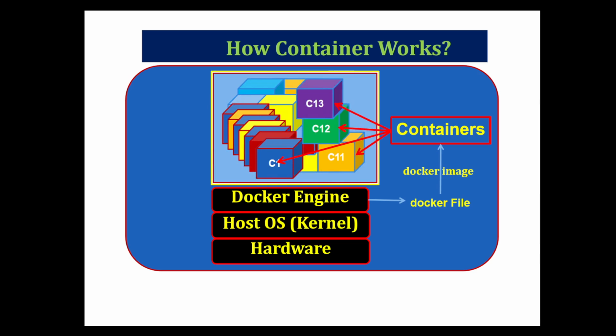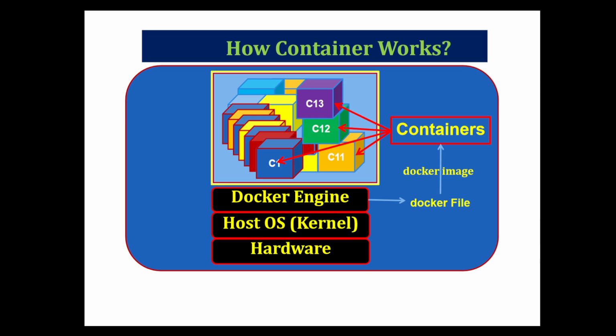The Docker engine refers to the Dockerfile, and inside the Dockerfile we define the container definition, which tells the Docker engine how it should create the containers. Finally, we use the docker build command to create the Docker image, and we run the Docker image to create the containers.